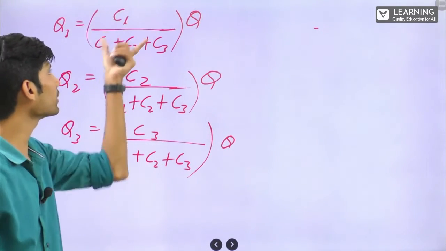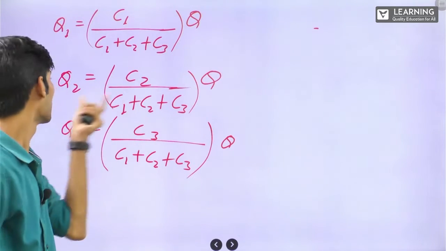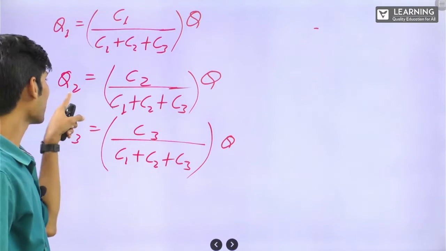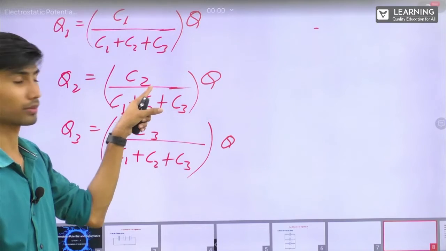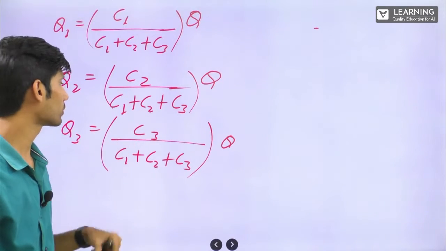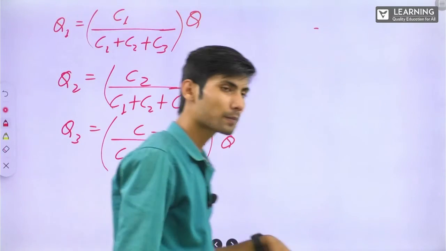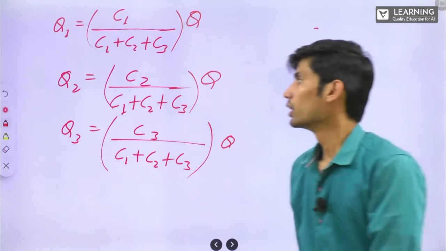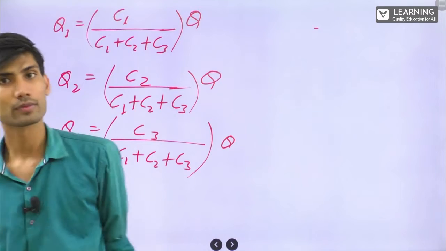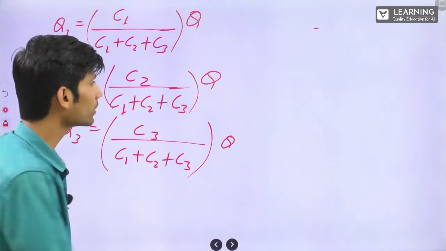Q1 is equal to C1 upon C1 plus C2 plus C3 into Q. Q2 is equal to C2 upon C1 plus C2 plus C3 into Q. Q3 is equal to C3 upon C1 plus C2 plus C3 into Q. Clear? So this thing you have to remember. Then C equivalent is C1 plus C2 plus C3, you have to remember.